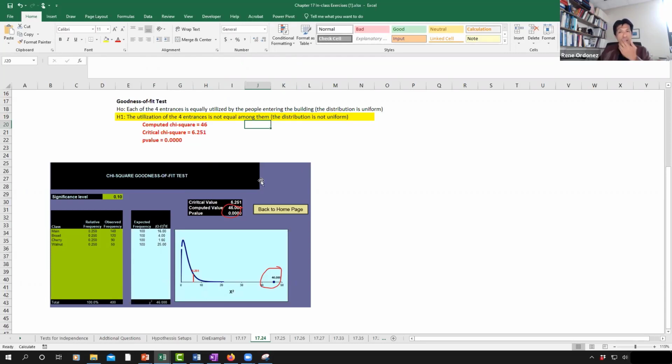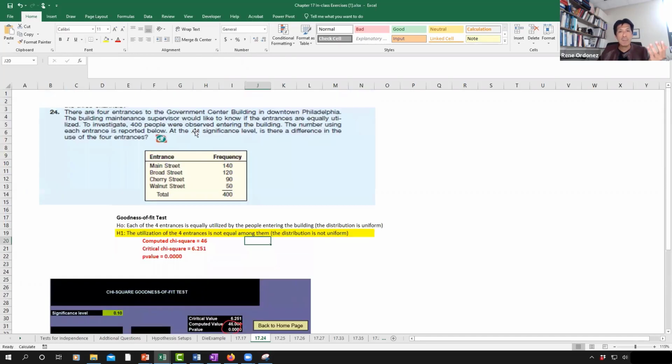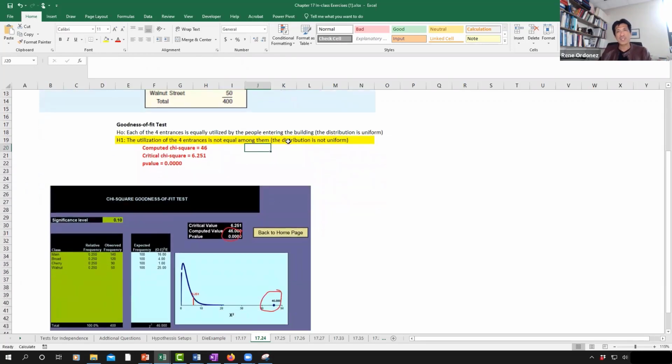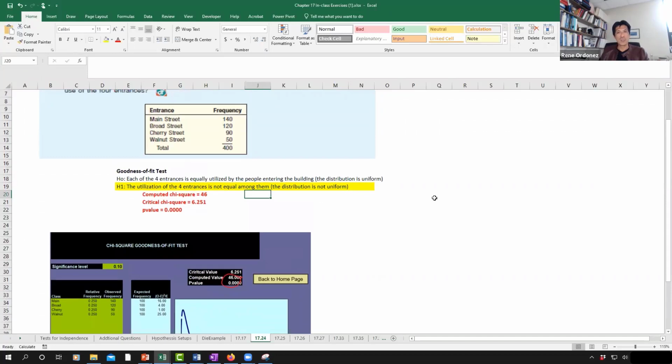So if you were the building manager here, and if you were to decide, say, because of this COVID thing, most buildings are now using one door for entrance and another door for exit. Which of the doors will you use as entrance and exit?